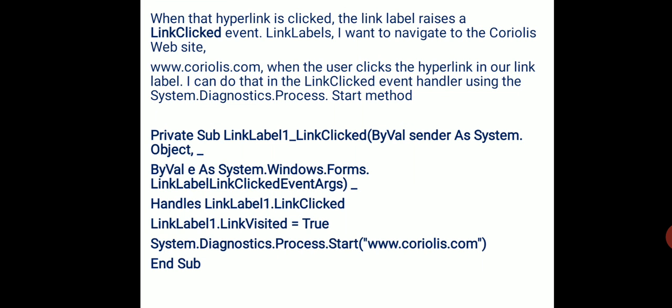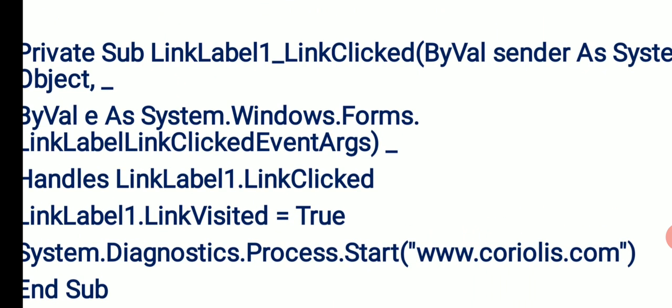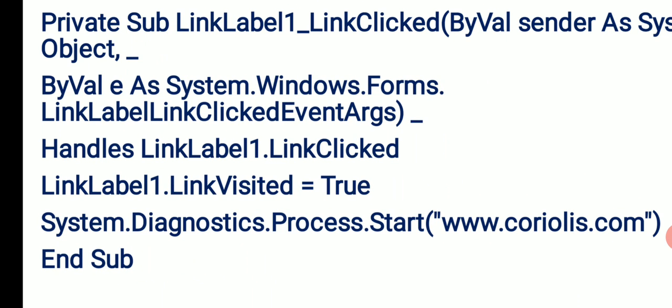When the user clicks the hyperlink in our link label, I can do that in the link clicked event handler using the system.diagnostic.process.start method. Okay, so see the example here. Link label 1's link clicked event, and there you will have to write the code, handles link label 1 link clicked.